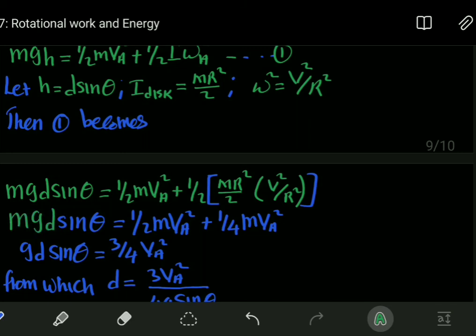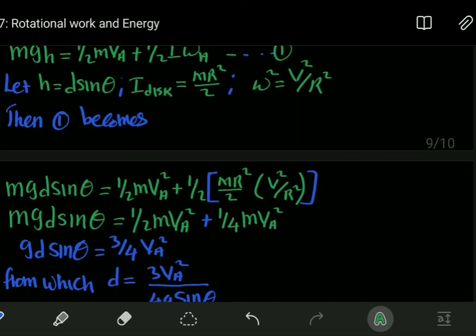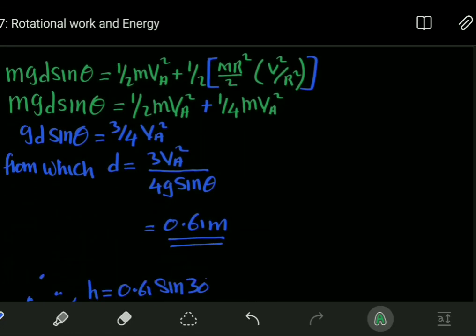We have mg d sine theta equals half m v_a squared plus, okay, if we work this out in the brackets, we'll have half times that half, we have 1 over 4, okay, and the r squared and that other one are going to cancel out, remain with m v_a squared. Okay, we go further and add. Notice the expressions on the right hand side are going to add because they are similar.